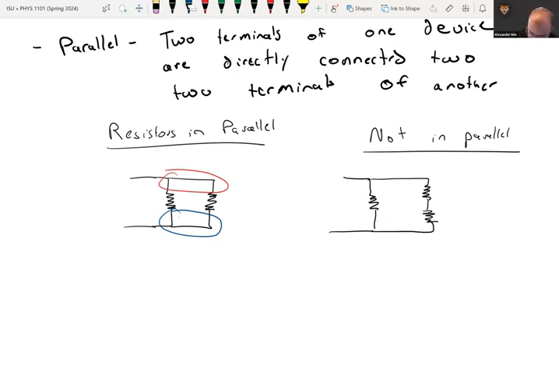Maybe you can tell these two are actually in series, not in parallel. Now we'll get into how they can be combined, but that's the basic idea.